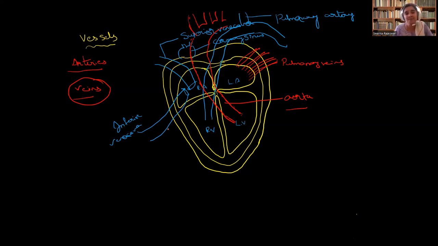So these are different blood vessels, that is arteries and veins, which arise from the heart and supply blood to the different parts, and veins which carry the blood from the different parts and drop it inside the heart. Okay. So we are clear with vessels, that is arteries as well as veins.